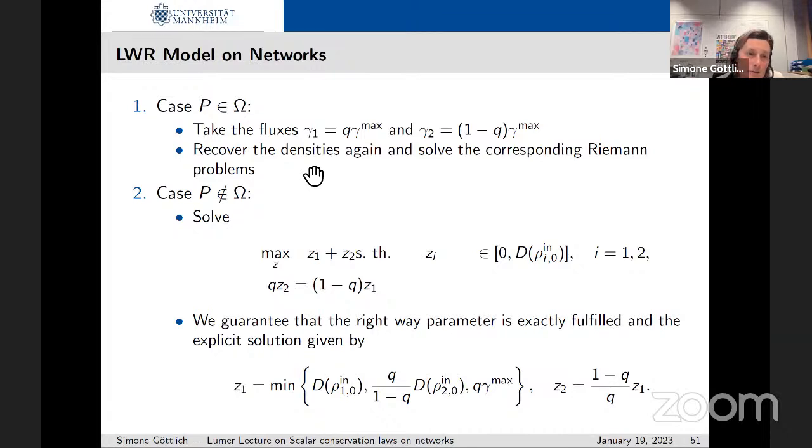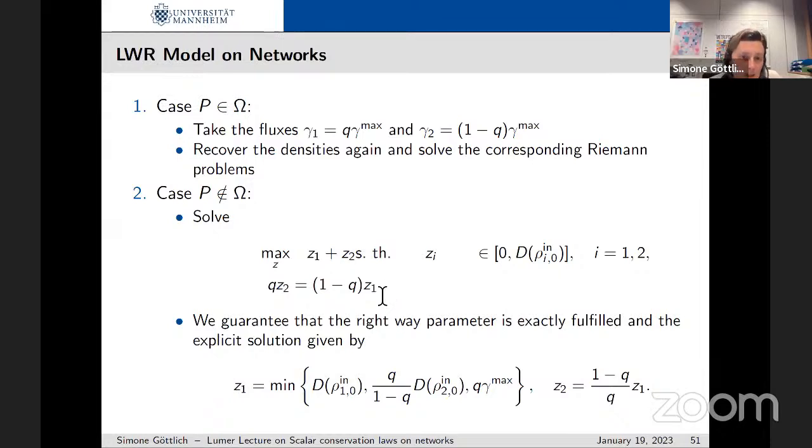In the other situation, if the intersection point is outside omega, we need to solve again a maximization problem. So in the sense that the incoming fluxes are maximized again due to the definitions we have seen, and due to the restrictions that we have some upper bounds on the fluxes given by the demands of the incoming roads and the right-of-way parameter equation.